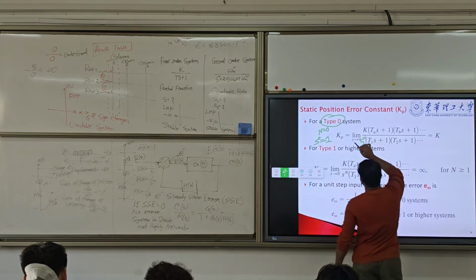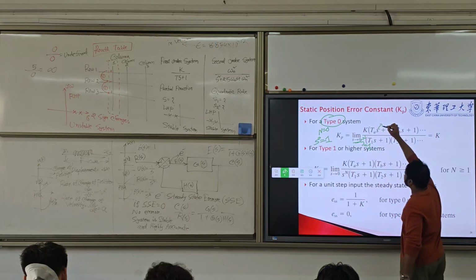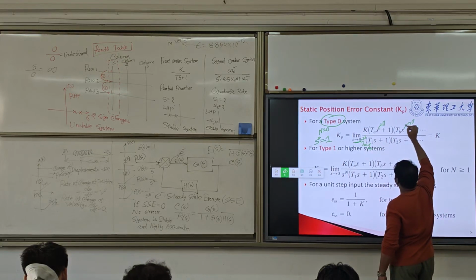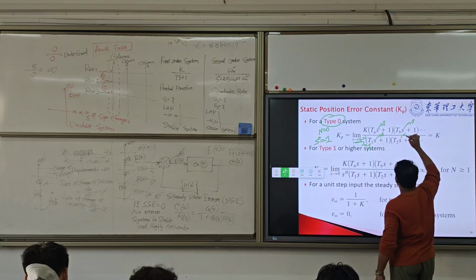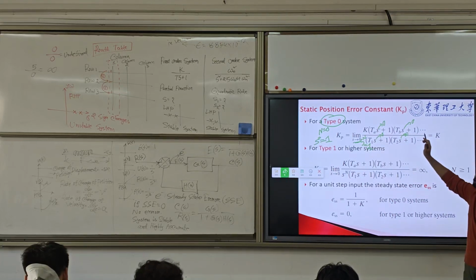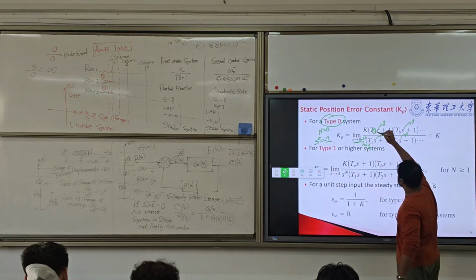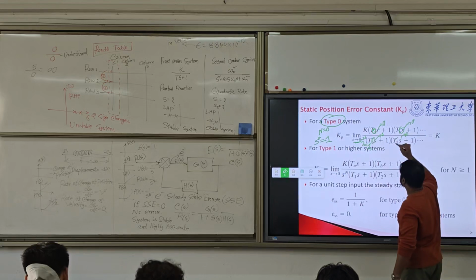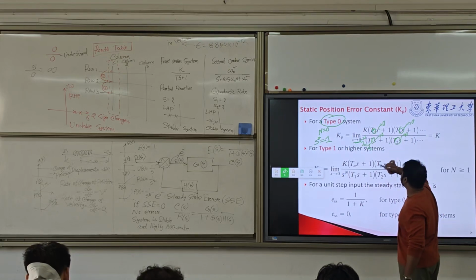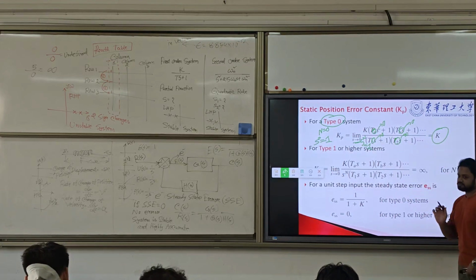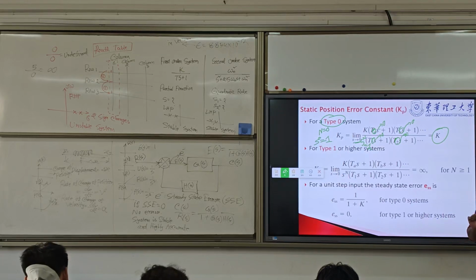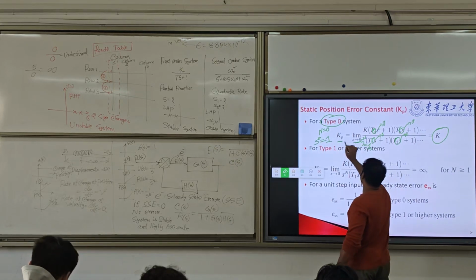And now put this limit here as S tends to 0. If you put all the values 0, this will be 0, this will be 0, this will be 0. Only here there will be K. So for the type 0 system, the value Kp is equal to K.